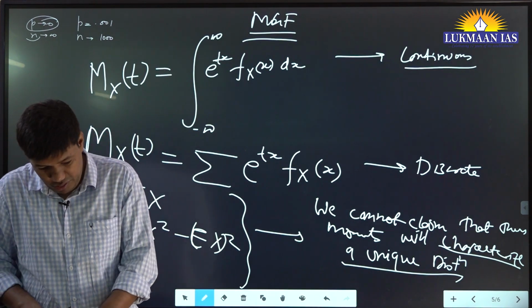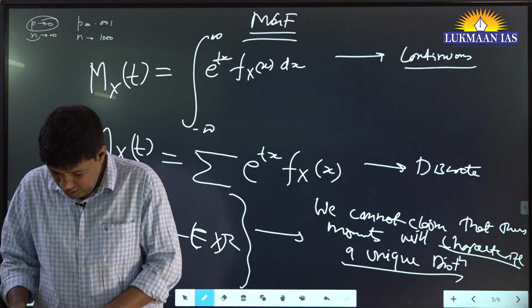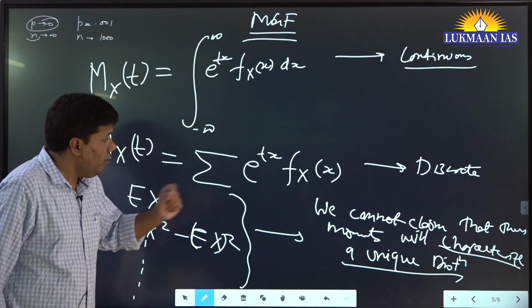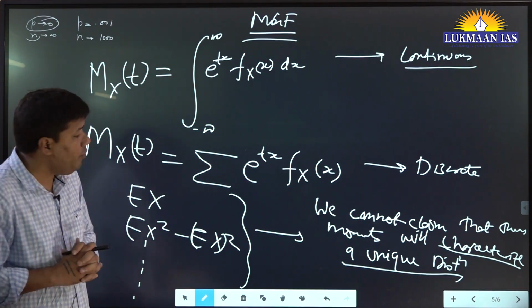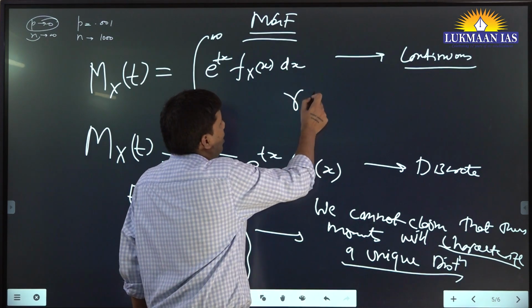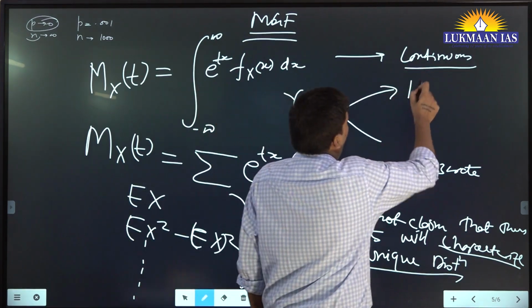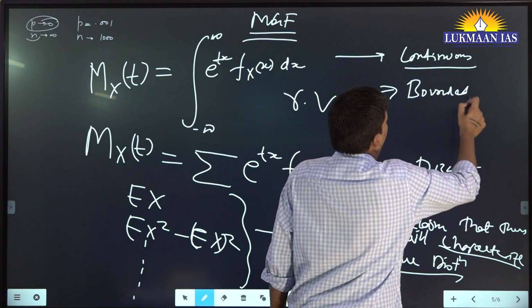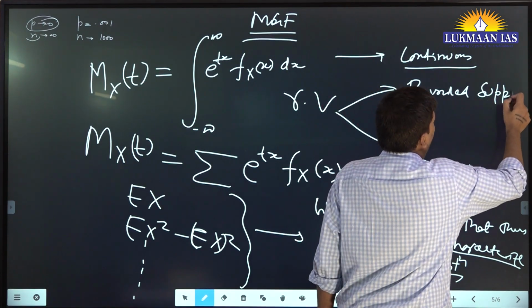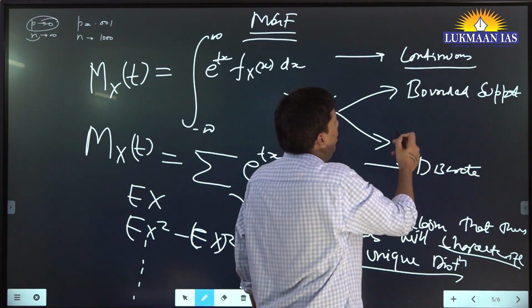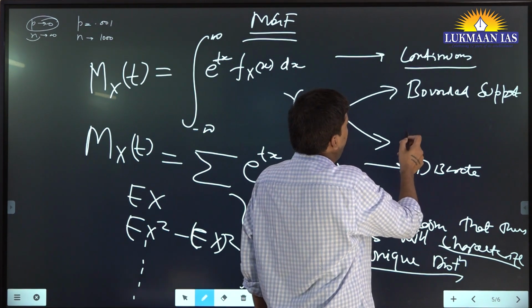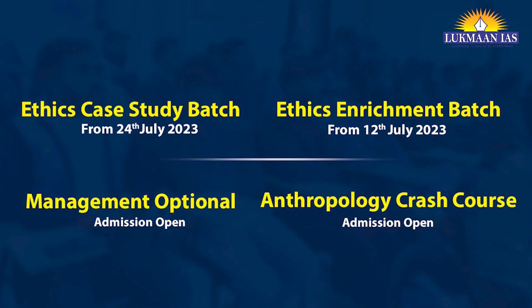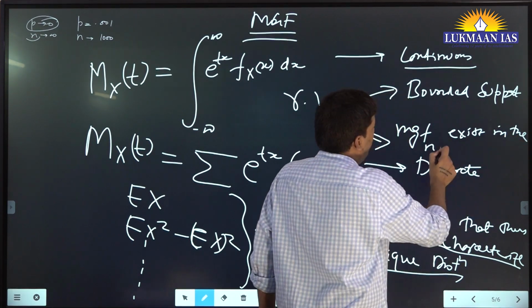If the random variable has bounded support, and its MGF exists in the neighborhood of 0.